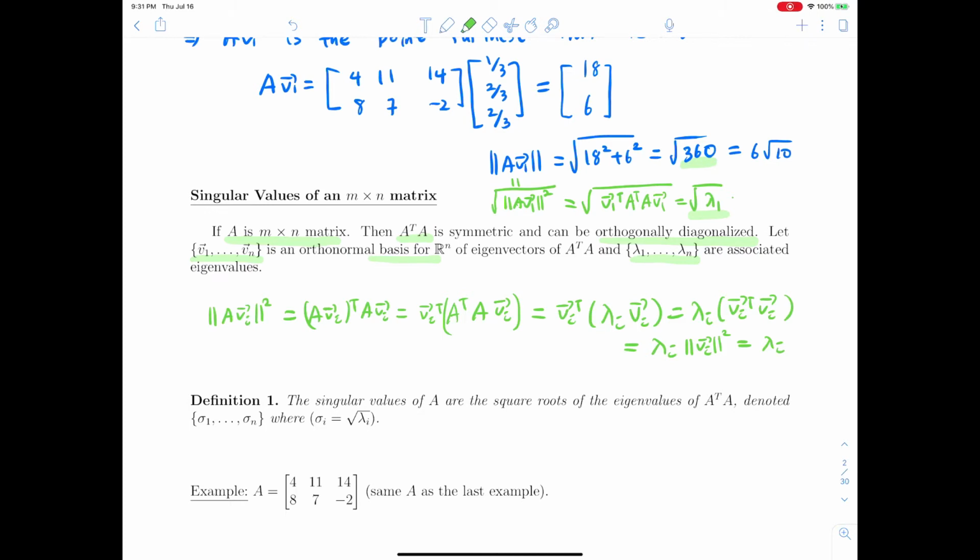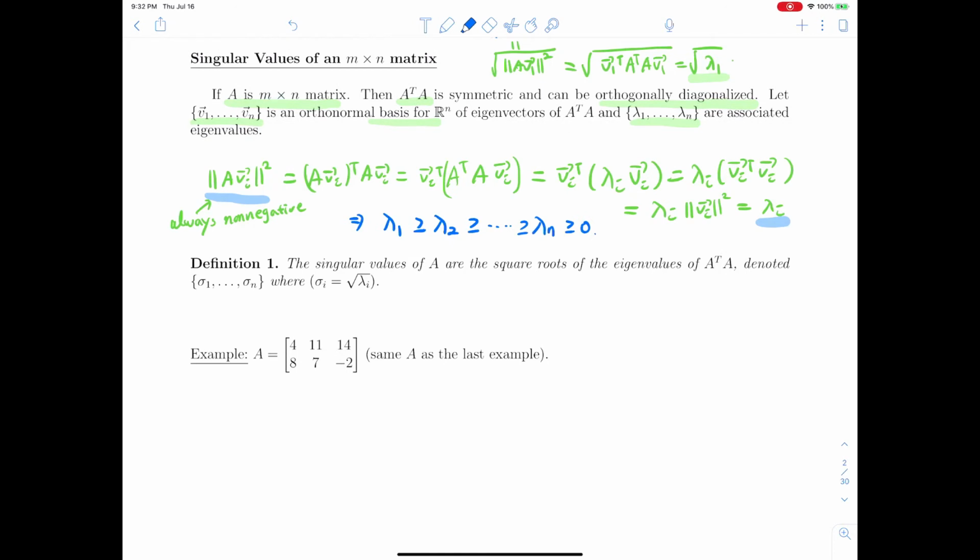So because the left-hand side, the magnitude of AVi squared, is always non-negative, so is lambda sub i. So we can arrange all the eigenvalues so that lambda 1 is the greatest one, lambda 2 is the second greatest, and so on till lambda n, but all the eigenvalues are non-negative.